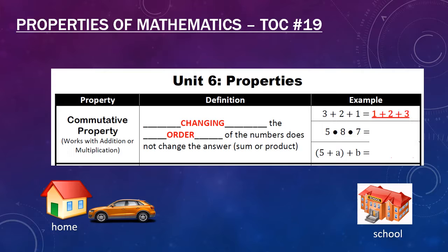So look at your examples. I had on the left side 3 plus 2 plus 1. 3 plus 2 is 5, plus 1 is 6. If I rearrange the order of the numbers, so now I have 1 plus 2 plus 3, 1 plus 2 is 3, 3 plus 3 is still 6.